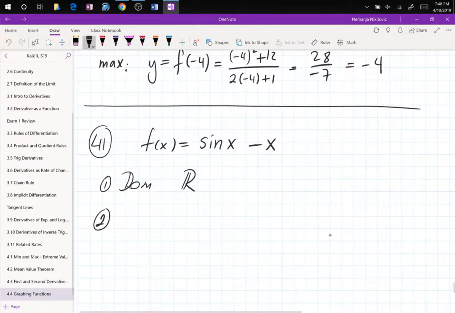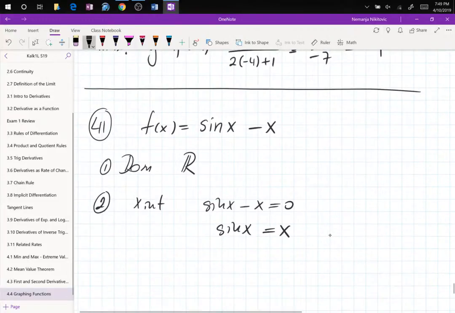Number 2, x-intercept. Well, the x-intercept is going to be when I set this equal to 0. So sine x minus x equals 0. Sine x equals x. Well, it definitely happens at 0. So x equals 0.